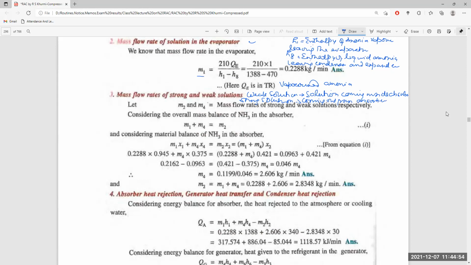So M2 is the strong solution, and M4 is the weak solution.